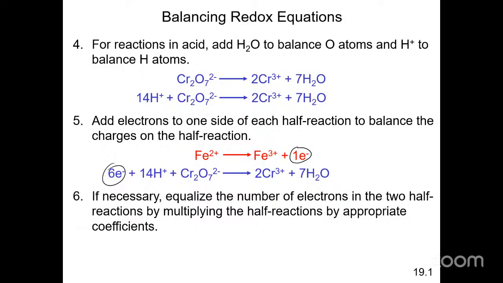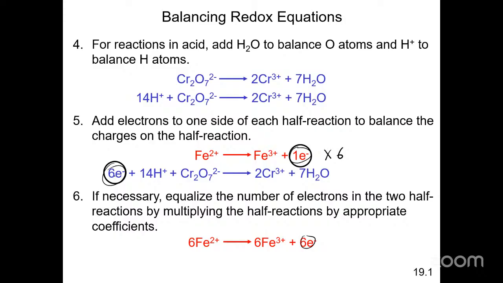In this particular case, you would multiply this equation here by 6, so everything here gets multiplied by 6. And I think I have the result of that here. When you multiply that equation by 6, you end up with 6 electrons here, which is equal to the 6 electrons in the other half equation.